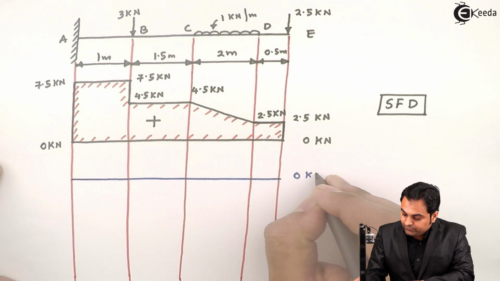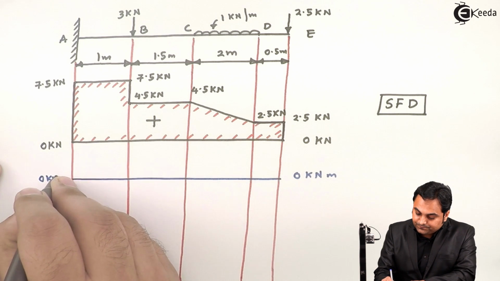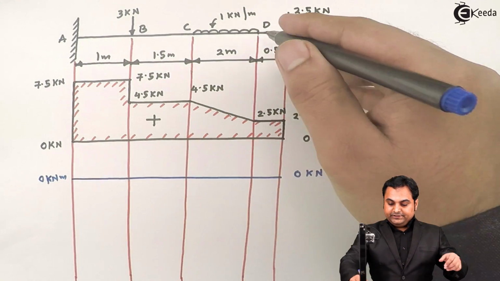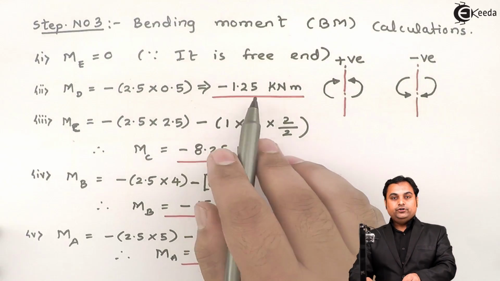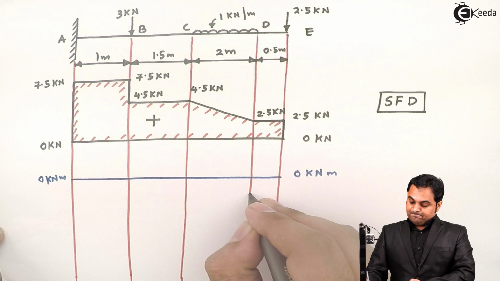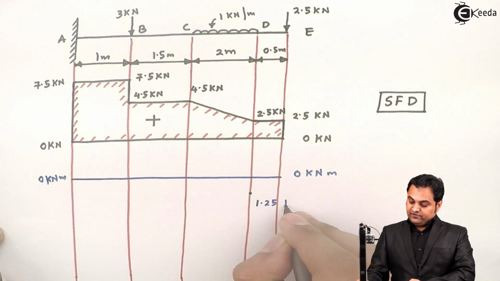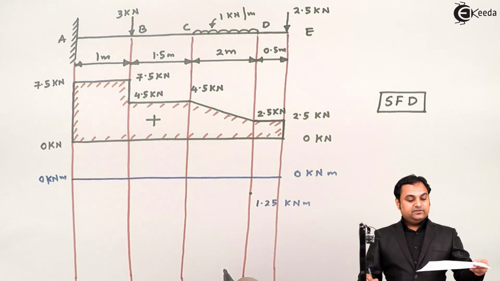This is 0 kilonewton meter at the free end. Here this is zero line. So at first point D, moment at D, that was minus 1.25, so minus means it is below this zero line, 1.25 kilonewton meter. I am just writing the value first, later on we'll give the sign.